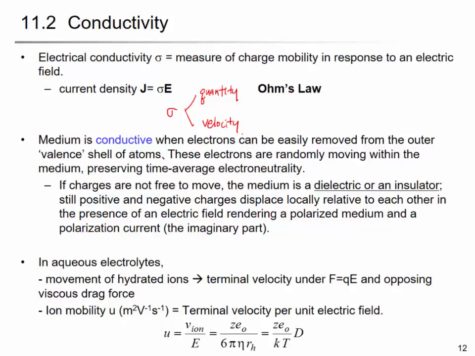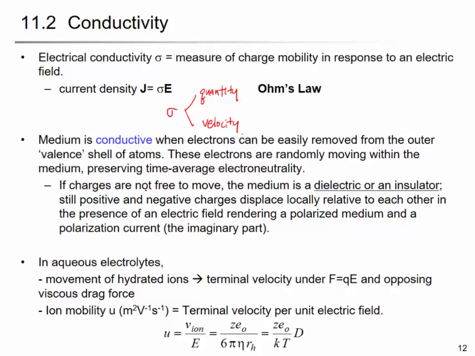So you can think of the metal. Right? In the metal, you have a free electron at the outer shell. These electrons are randomly moving within the medium, preserving the time average neutrality. So in the metal, even though you apply the current, the metal will remain electrically neutral. Right?